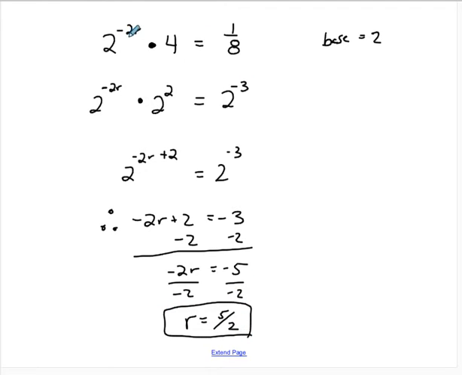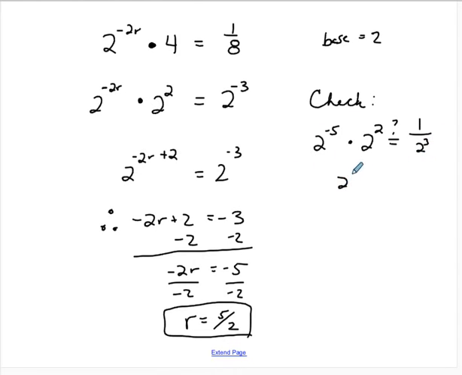I can go ahead and plug it back in to check. 2 to the negative 2 times 5/2 would be 2 to the negative 5th, times 2 to the second, or 4, may or may not give me 1 over 2 to the third, or 1 over 8.